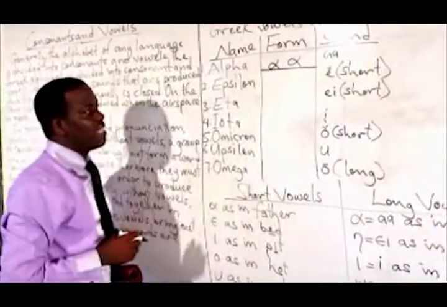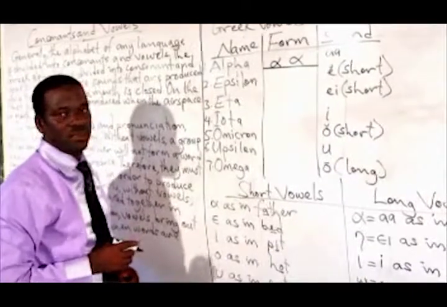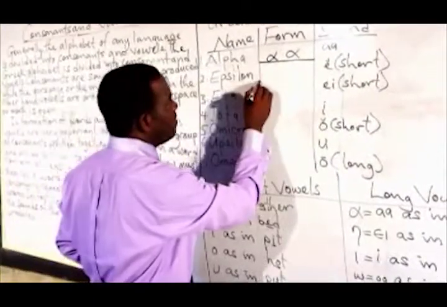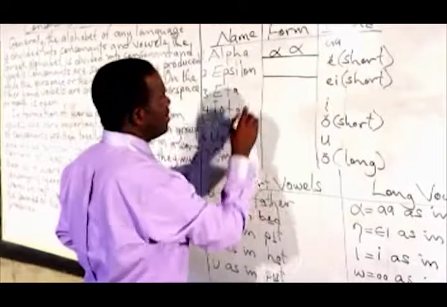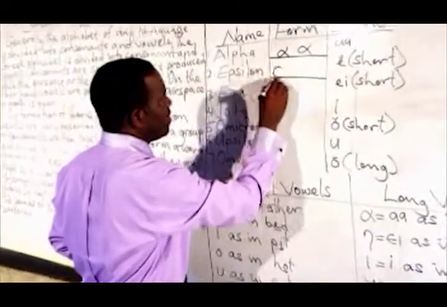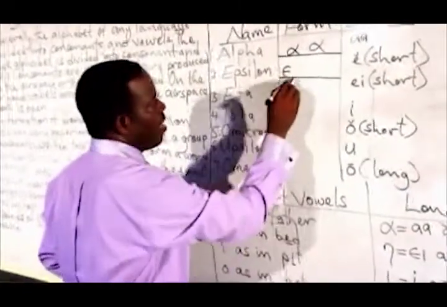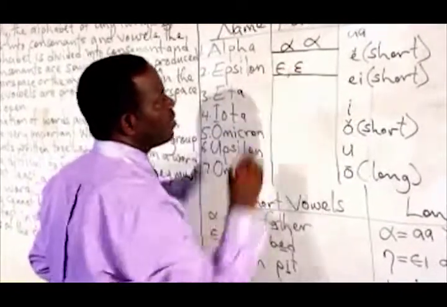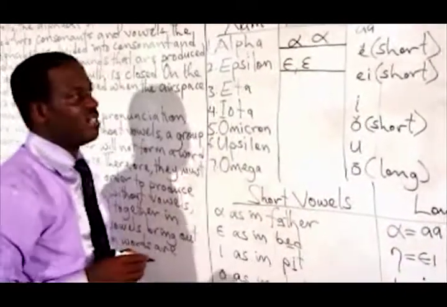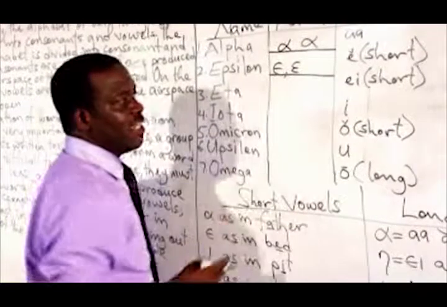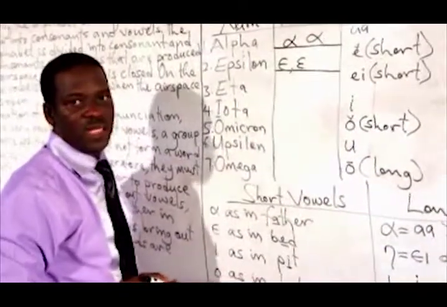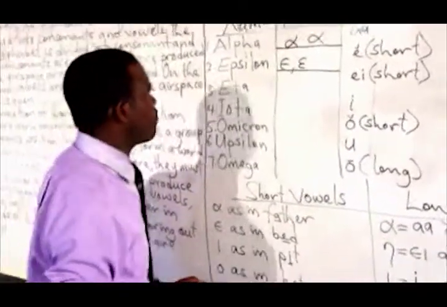The second vowel in Greek is called epsilon. The line again. Epsilon can be written this way. And epsilon stands as the short E vowel in Greek.